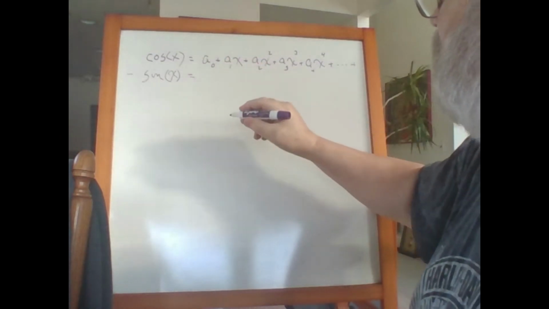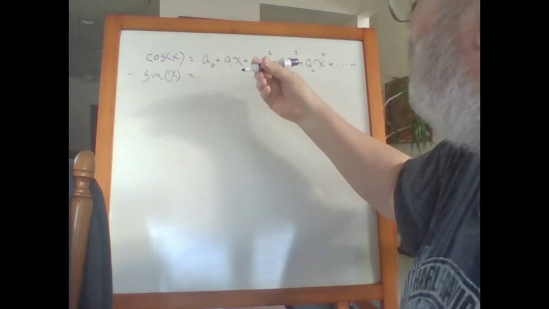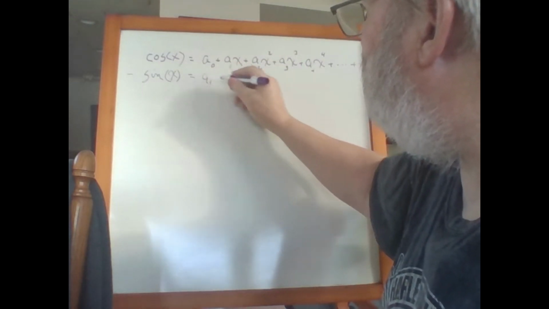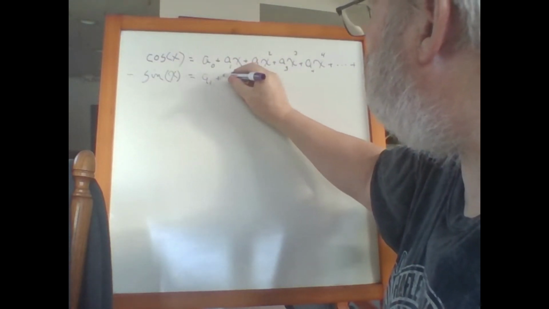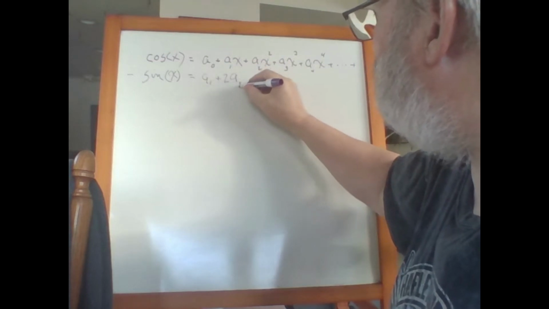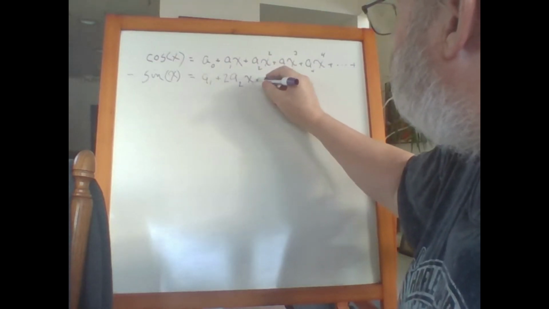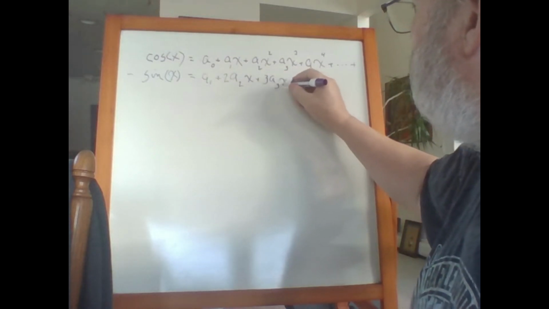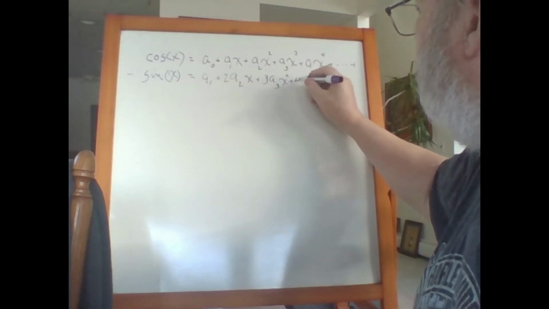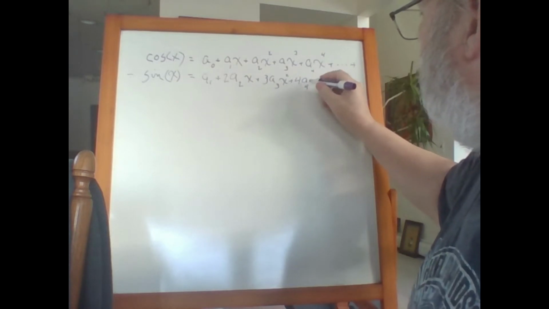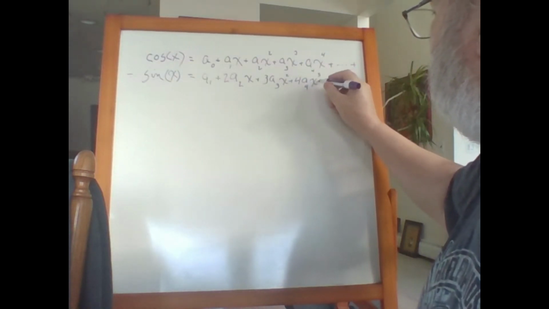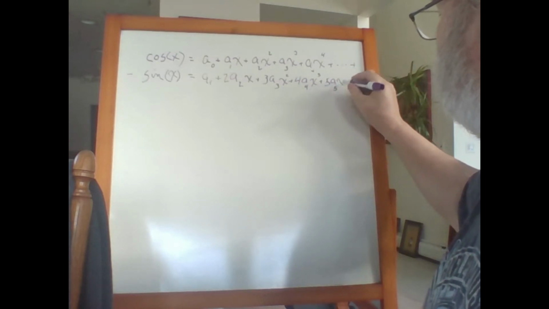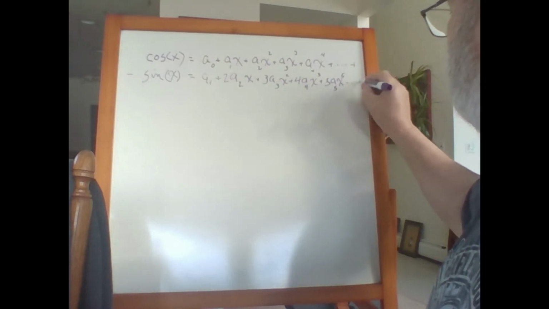So a0 goes out, we're left with a1, plus 2 a2 x plus 3 a3 x squared plus 4 a4 x cubed plus 5 a5 x to the fourth, and dot, dot, dot.